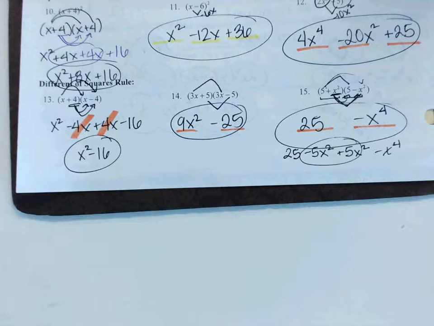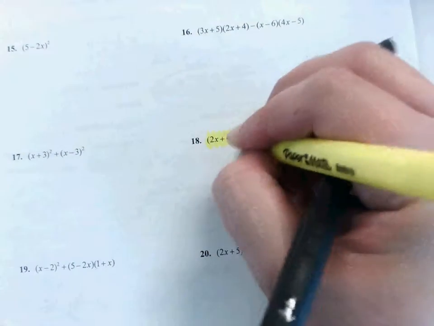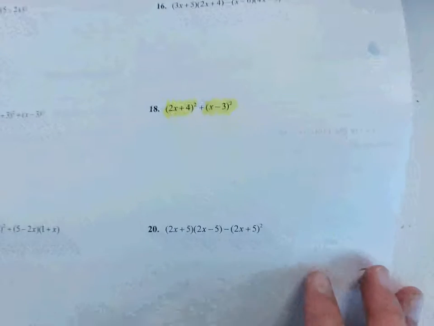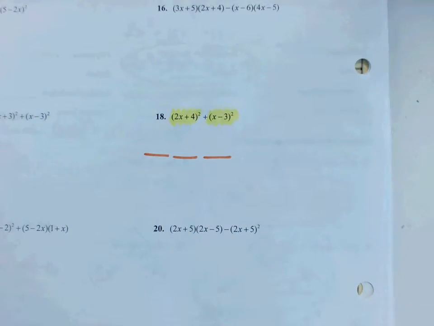Oh, wow. Okay, which shortcut could I use on number 18? Yeah. Wow. Okay, this is a perfect square, that is a perfect square. So if you decide I don't like the shortcut, I'm going to do it the long way, you have to do it the long way twice. Okay, but I'm going to use the shortcut. So, here's my first 3. Here's my second 3.